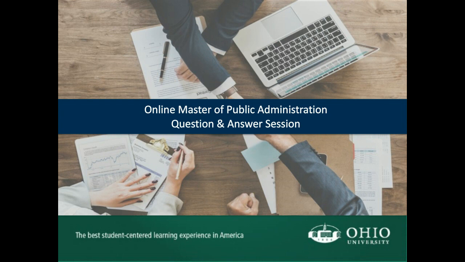Now, the application being complete means that all of your transcripts from all institutions attended are in, your statement of purpose is there, your updated resume is there, your 3 letters of recommendation have been received, and any additional documents that you want to be a part of your application are there in their entirety. Then the committee and the program director will review, and generally speaking, your enrollment advisor will be the one that reaches out to you with that decision in about 10 days.